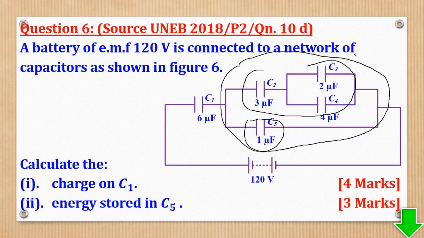If you are following, the whole of that is C8. So PD across C8 is the same as PD across C5, because these two branches are in parallel, and the effective capacitance in parallel was C8.